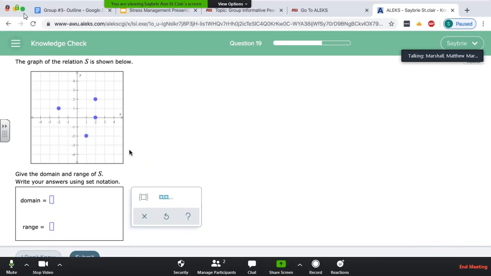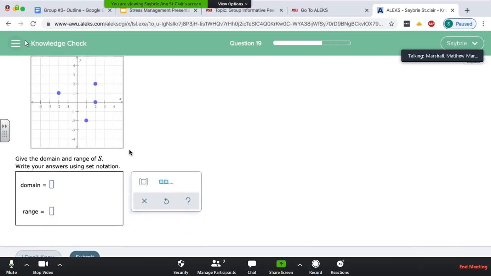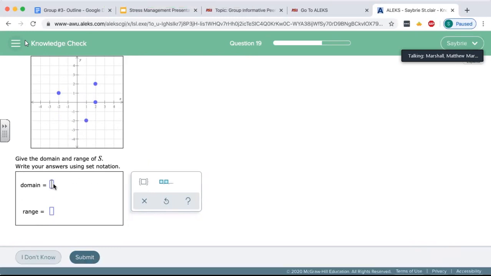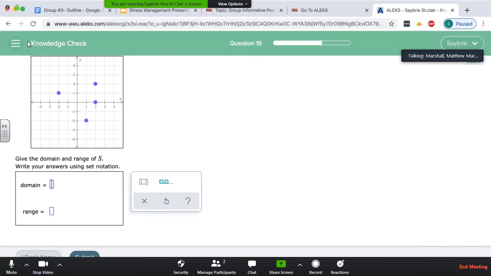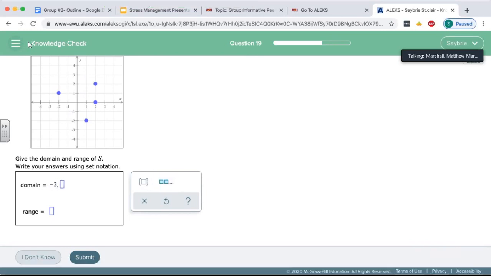Alright, so those points are -2, 1, 1, -2, 2, 0, and 2, 2. Nope, you're going to use that one on the right. Alright, domain are all the X numbers. Are you ready?